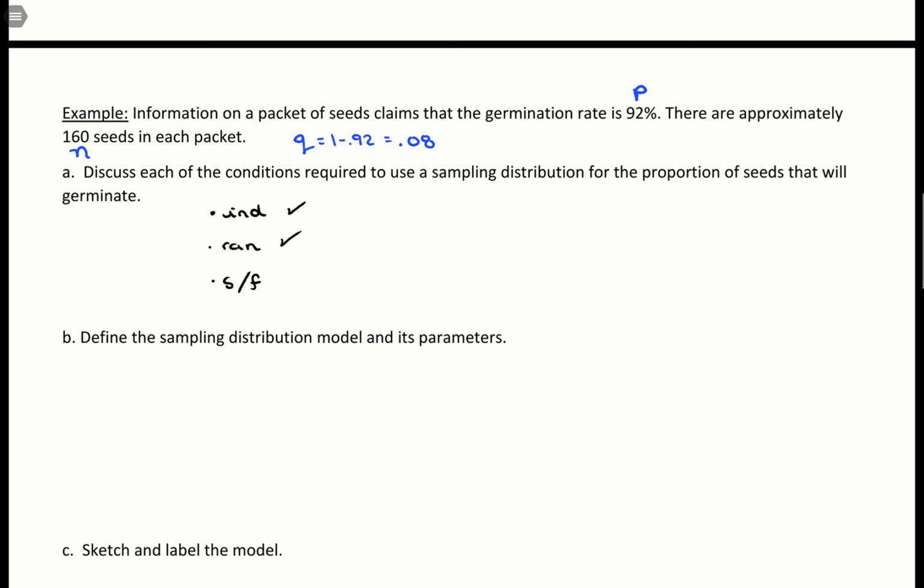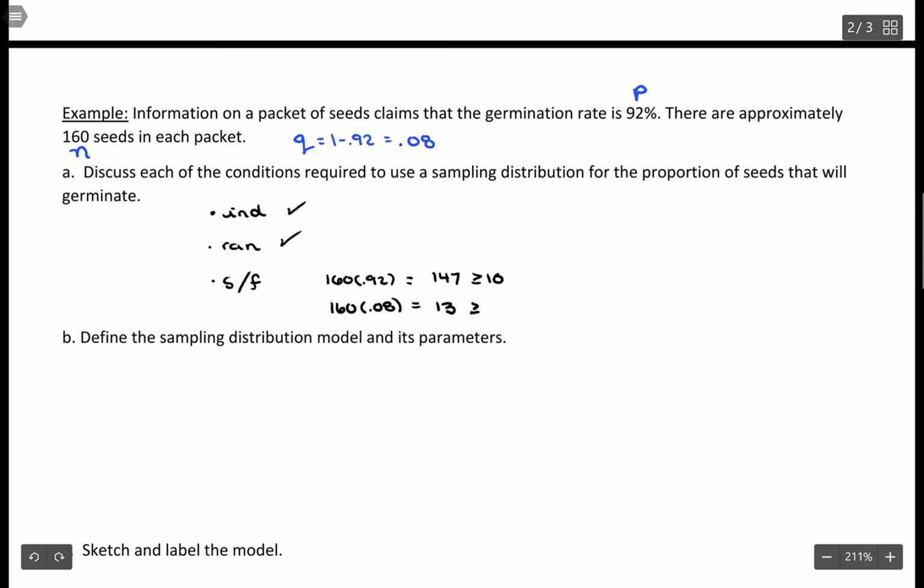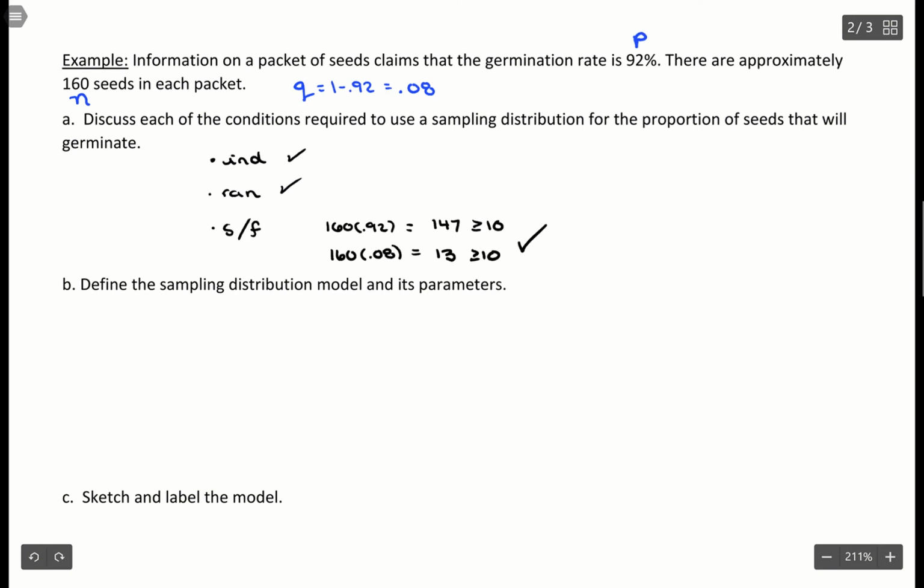What we really want to check is success failure. So taking 160 times that 0.92, take that 160 times 0.08, and make sure those are larger than or equal to 10. So with that, we have 147 and a 13. So both of those are larger than or equal to 10. So now we can use our bell-shaped curve.